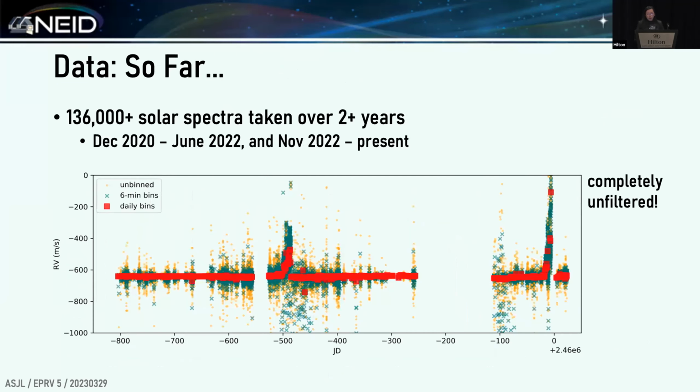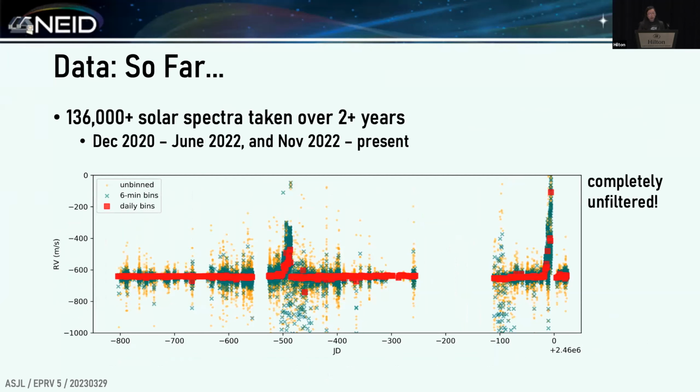And so the data so far, before anyone panics, I will explain the bottom plot. Over 2.5 years, we have about 136,000 solar spectra total. We started when NEID started shared risk science in December 2020.